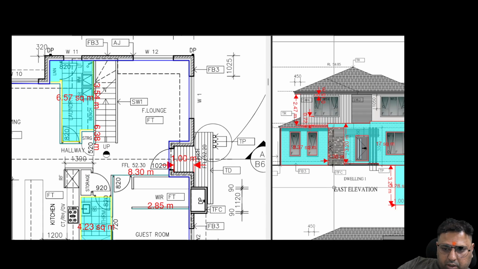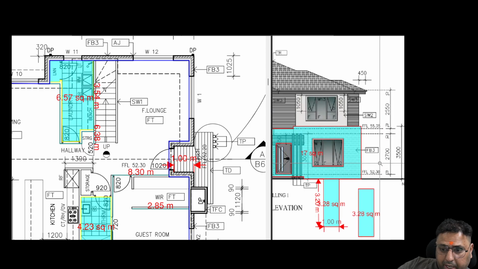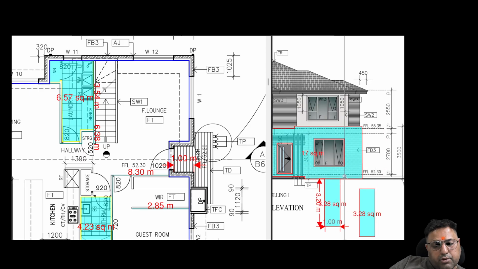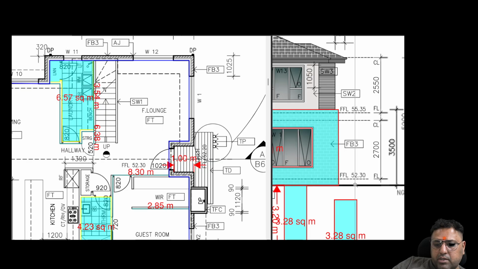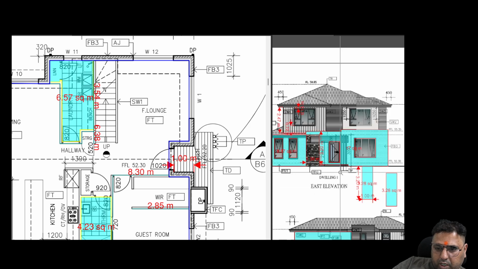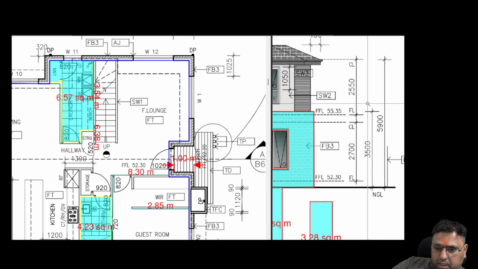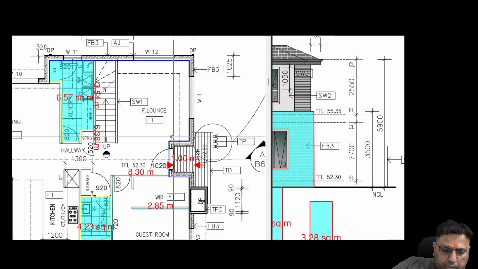Now come to the length of the pine. As you all know, the pines are always taken from the floor level to the ceiling level. This is the dwelling one elevation, and you can check this is the height from floor to ceiling, that is 2.7 meter.